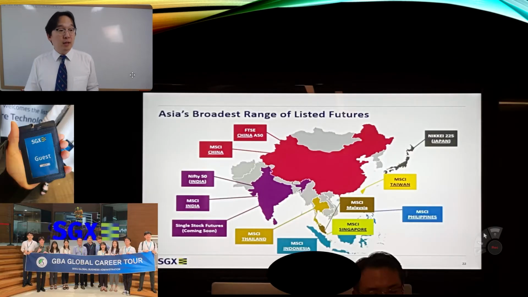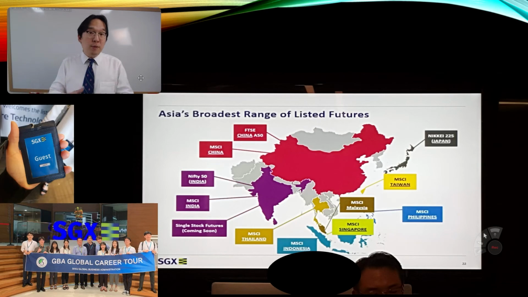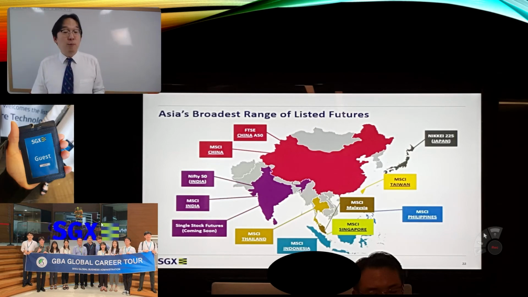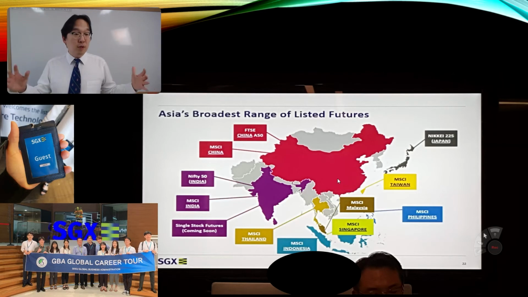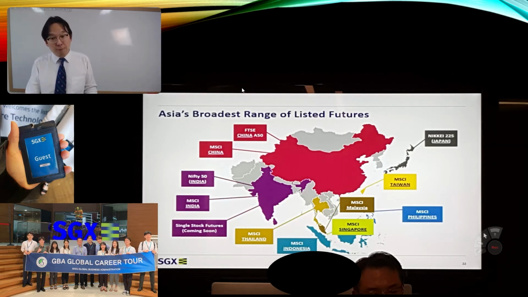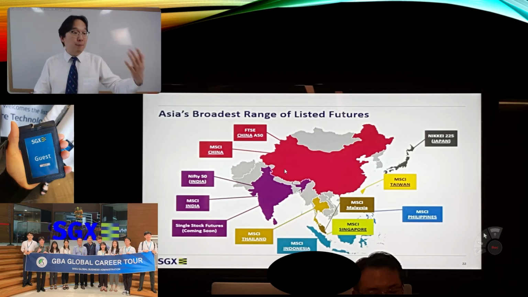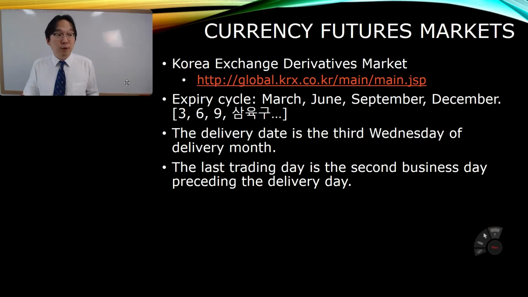And then the Global Business Administration students and I all visited SGX, the Singapore Exchange, before, and we had an in-depth discussion about this futures market and what they do in Singapore. Basically, they're doing all this capital raising and trading for the Asian market, including and involving all different countries.